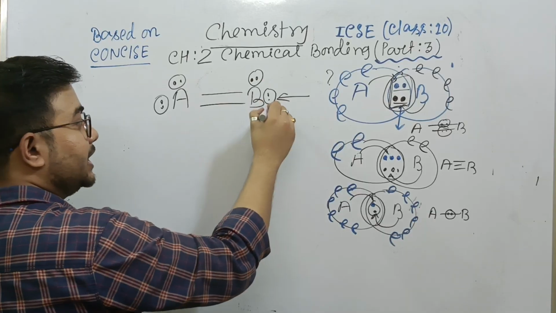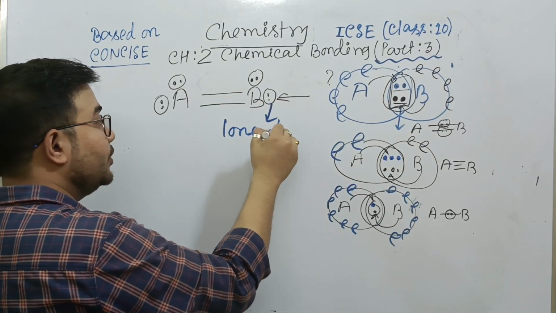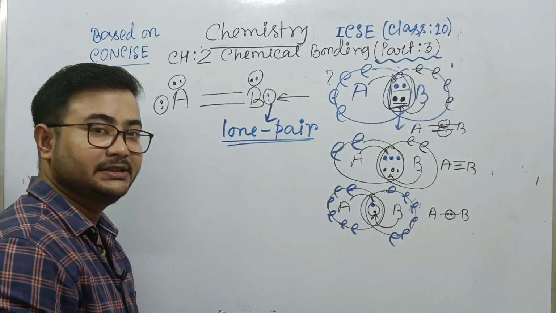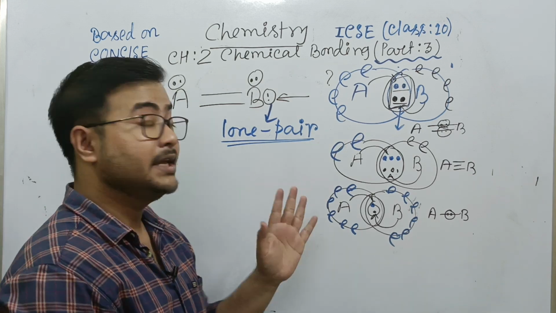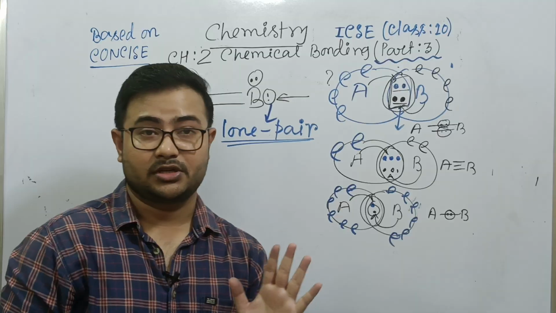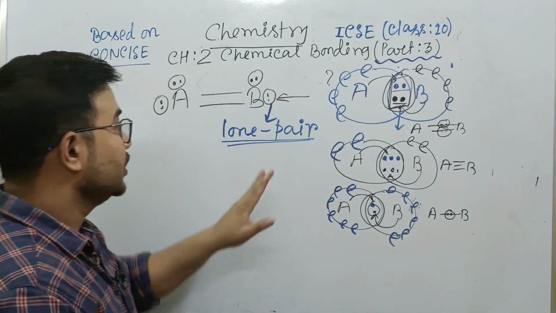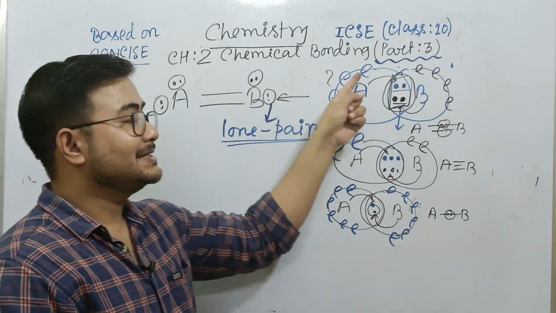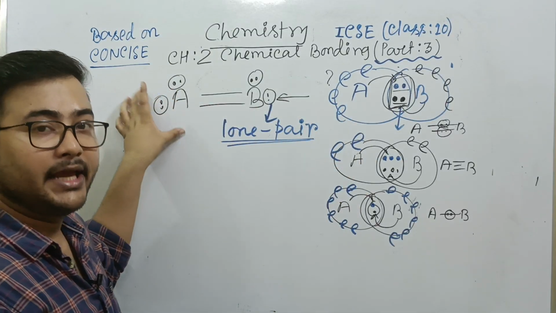These unshared pairs of electrons are known as lone pairs. Do you understand the concept? You cannot understand this concept by simply reading any book or notes. You have to clear this concept in this way. So what is the definition of a lone pair? The lone pair is the unshared pair of electrons present on the atom.